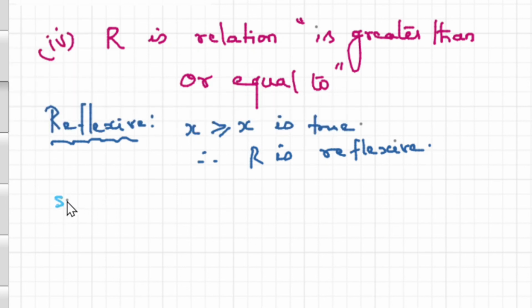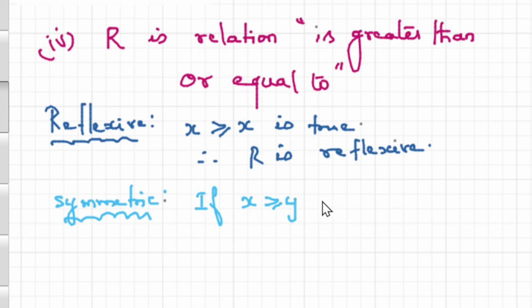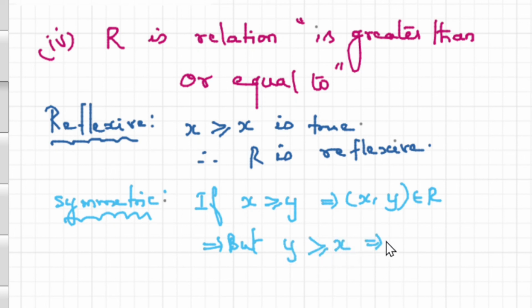Next we'll have symmetric. If x is greater than or equal to y, then x comma y belongs to R. But y is not greater than or equal to x.